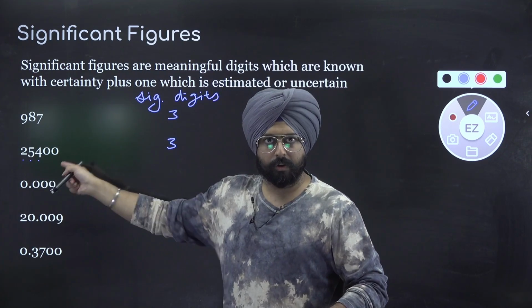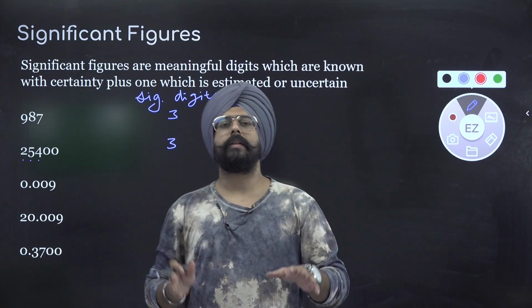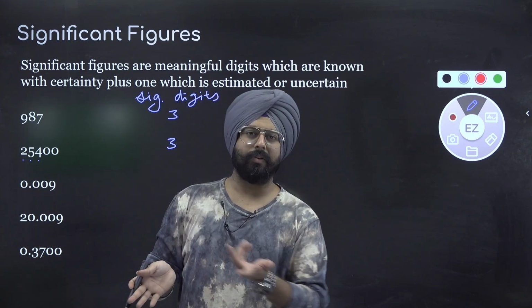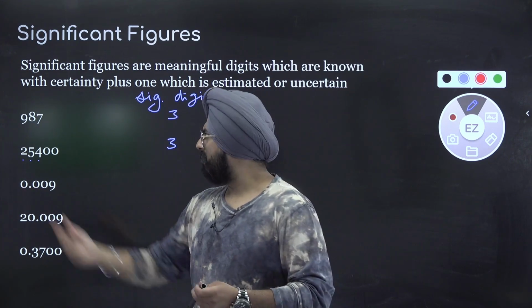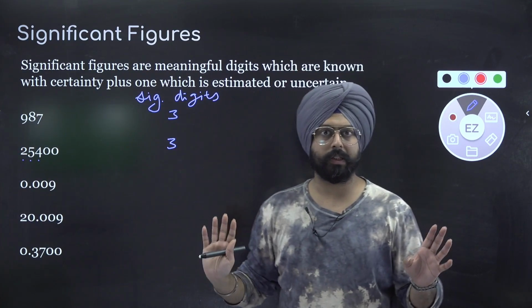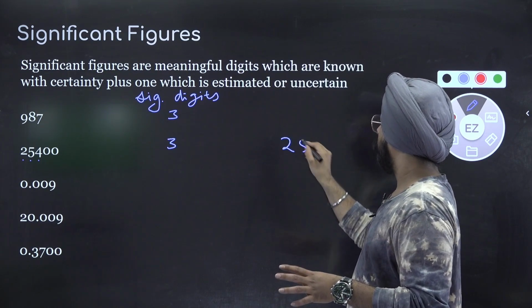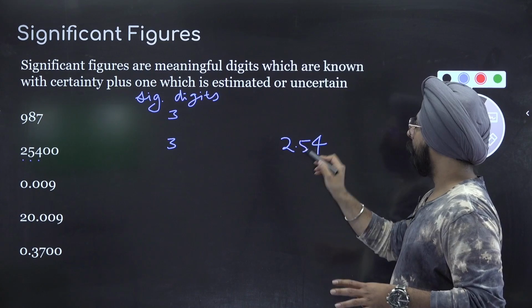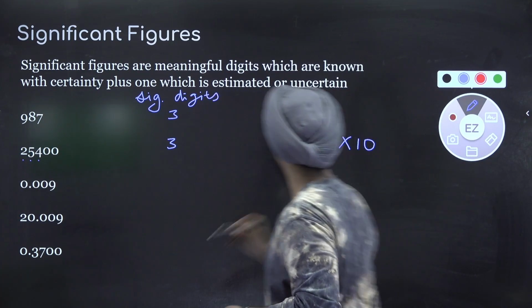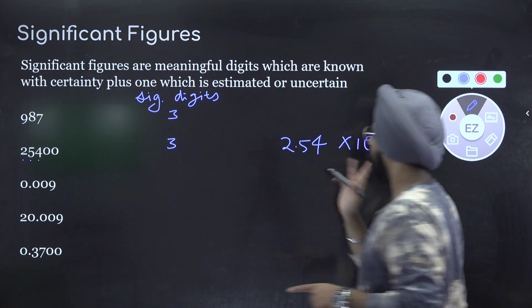These zeros without the decimal point are not counted as significant digits because they're just 0, okay?